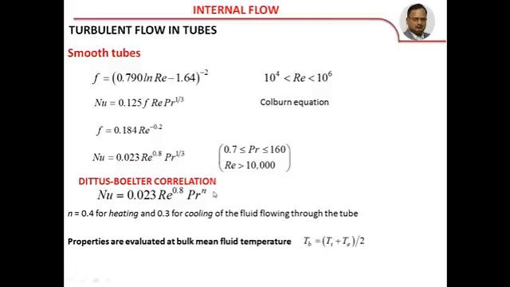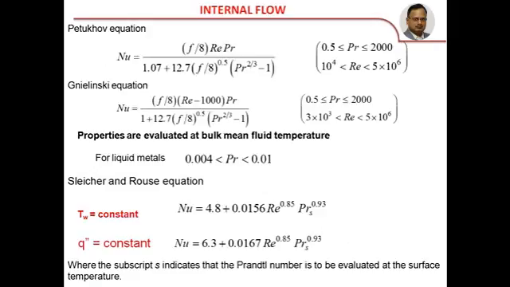Because of the simplicity in this equation and the error involved also being relatively less, most of the times people use this Dittus-Boelter correlation for first level understanding of design concepts in heat exchangers. There are several other equations proposed with a little more accuracy, and in all these equations again the properties are to be evaluated at bulk mean temperature.